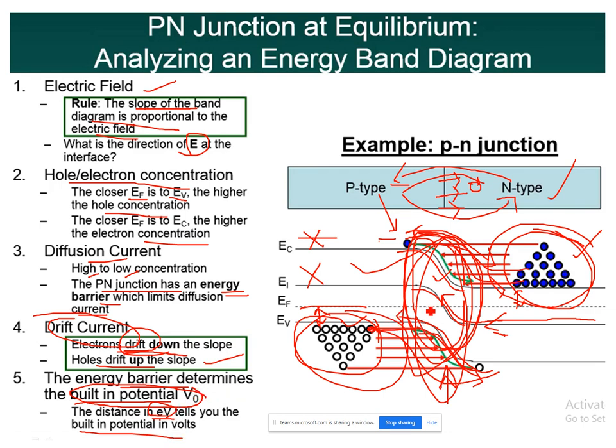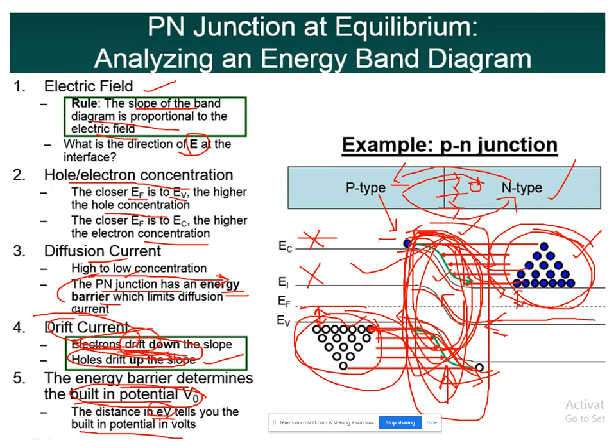So the conclusion in this slide is that the slope represents the depletion region, and in the drift, electrons are drifting down the slope and holes are drifting up the slope. How about diffusion current? Diffusion current is always from higher concentration to lower concentration, along the concentration gradient.